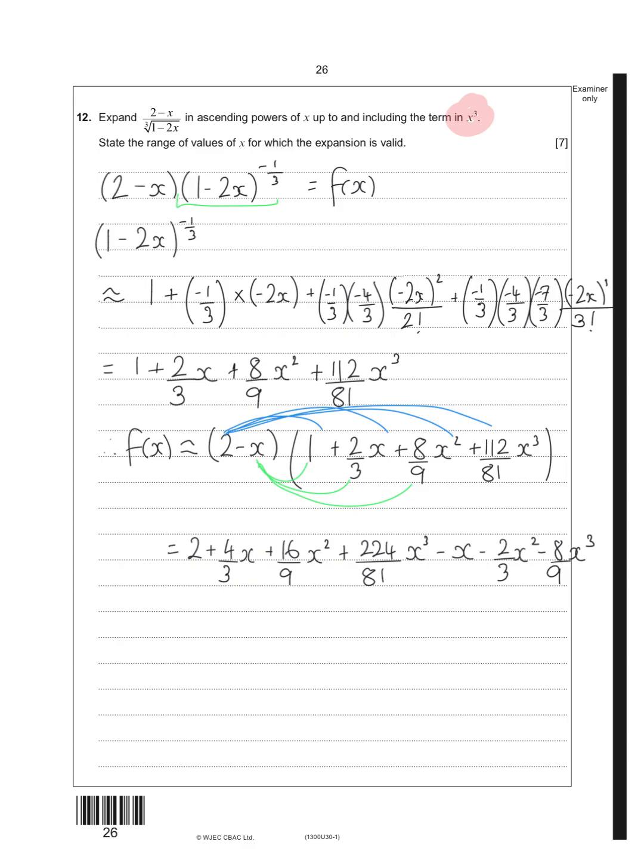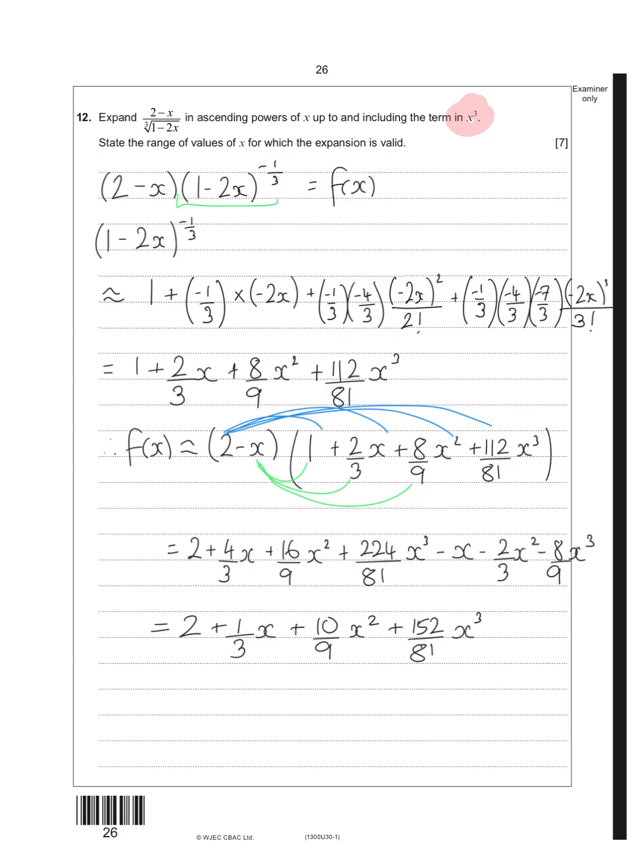And then when we tidy that up, we'll see we're just going to have a 2. 4/3 take away 1 is 1/3. 16/9 take away 2/3 is going to be 10/9 of x squared, and then 224 over 81 minus 8 over 9 is going to give us 152 over 81. There we are.